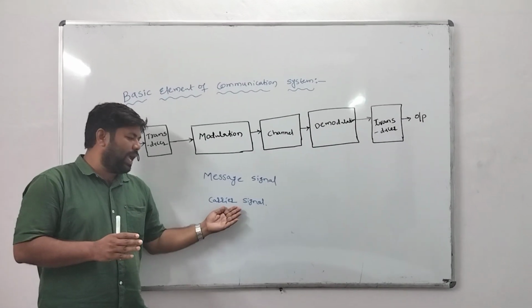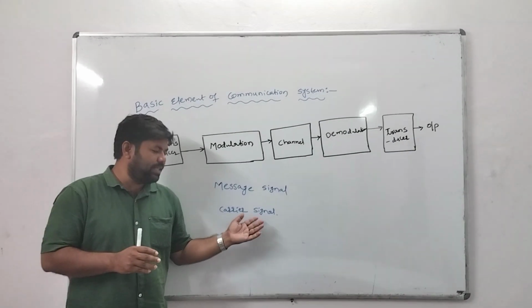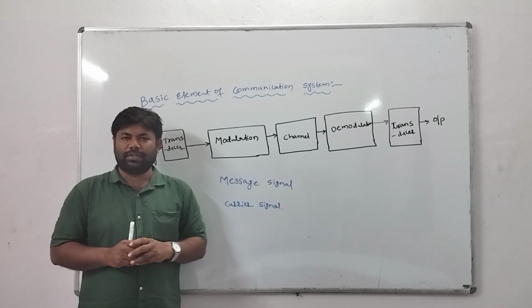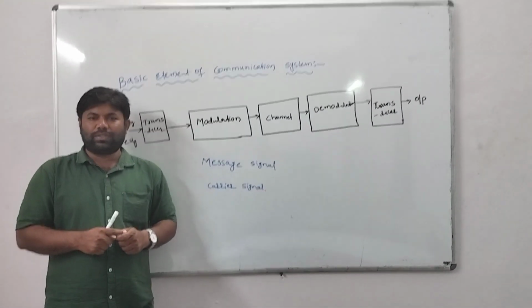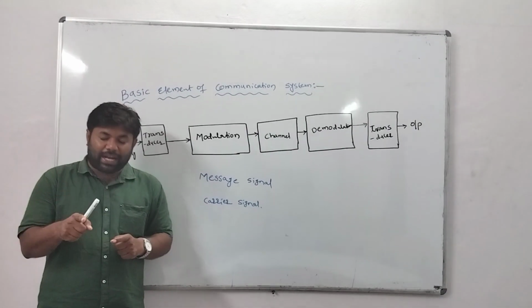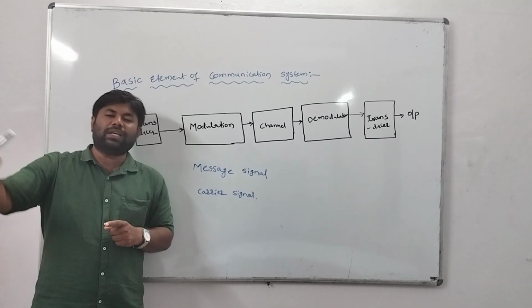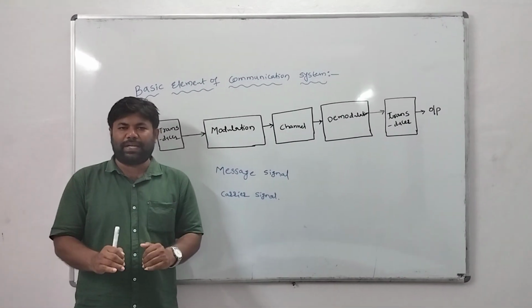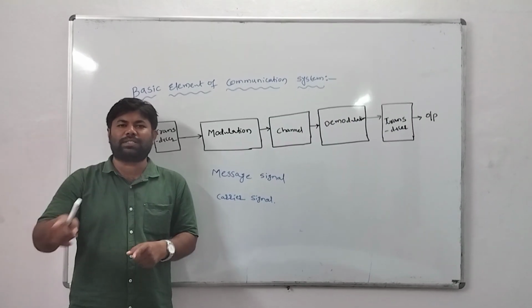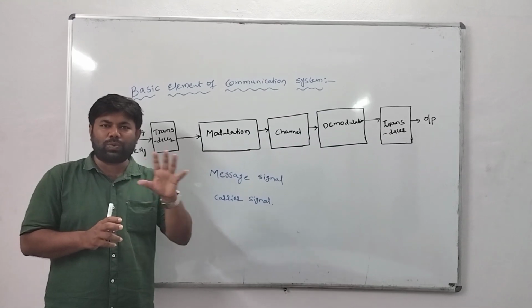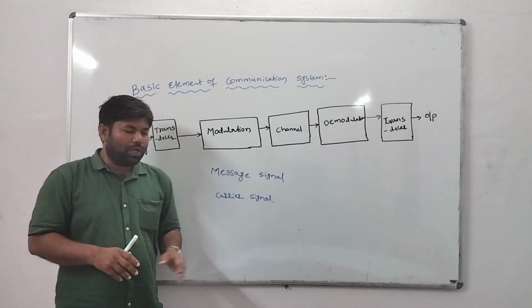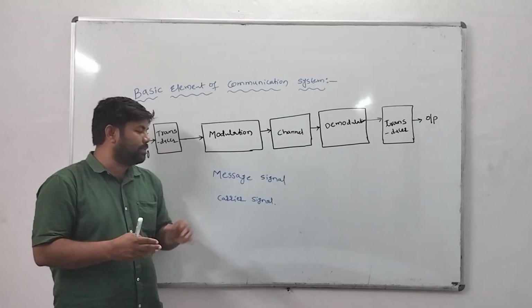The carrier signal, as the name says, carries the signal. The carrier signal is a high frequency signal, and a high frequency signal can travel long distances. If any data is transmitted over a long distance, we use the carrier signal. Carrier means to carry the signal, and what it carries is the message signal.